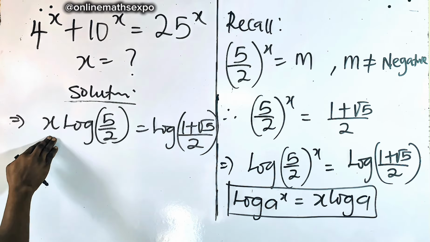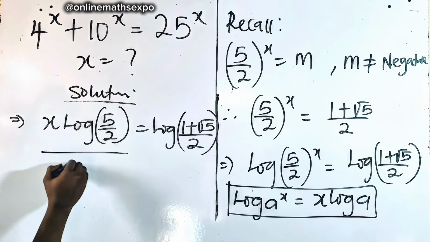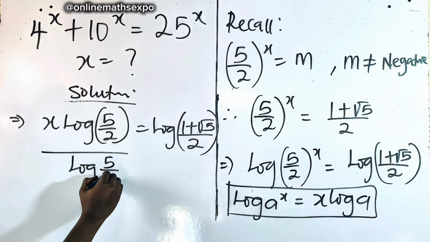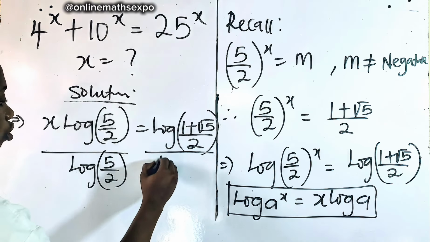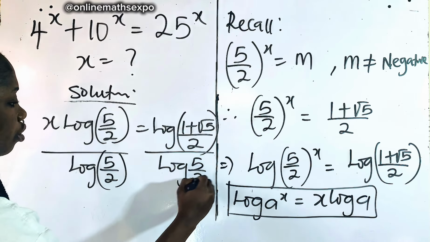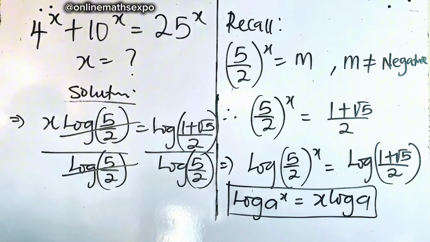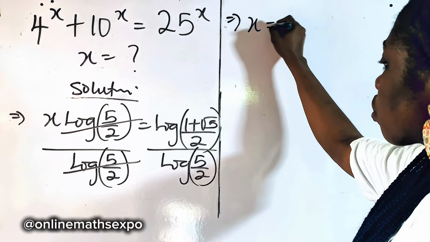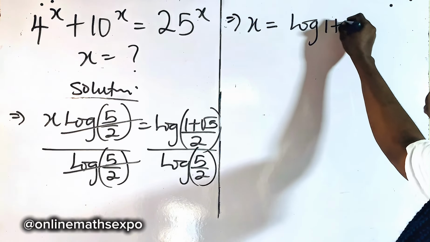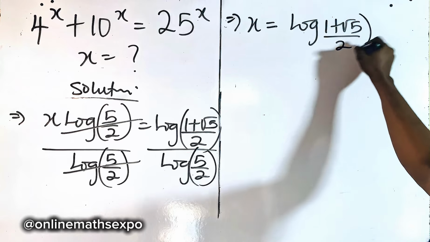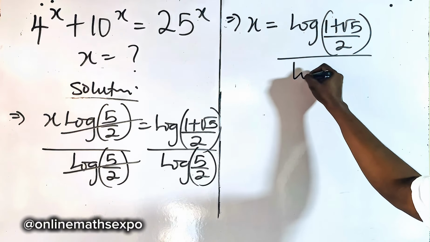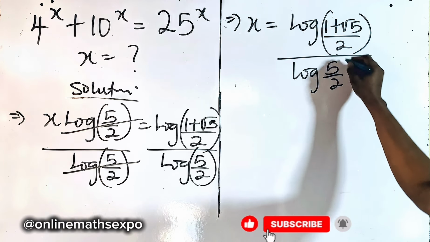So at this point, we need to clear this. So you divide both sides by log of 5 on 2 and also do the same here. And if you do that, this takes off this. So from here we now have x is equal to log of 1 plus √5 on 2, divided by log of 5 divided by 2.